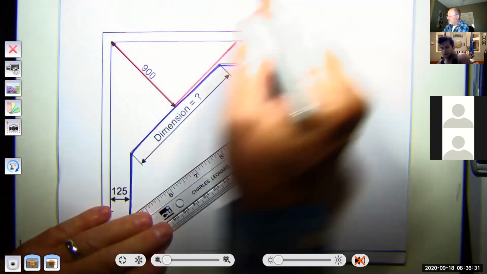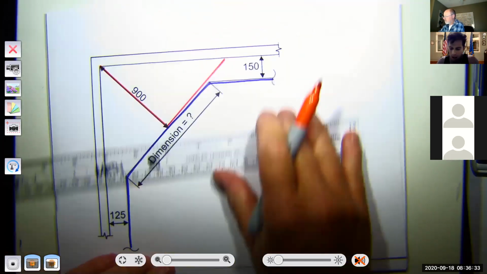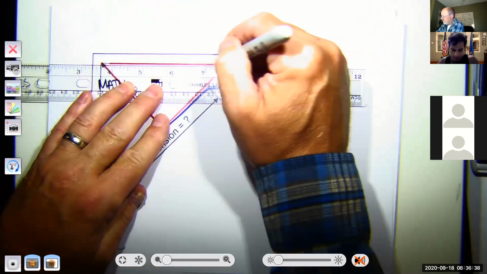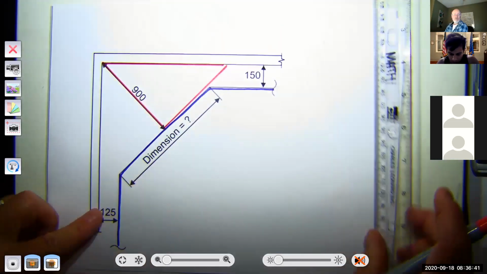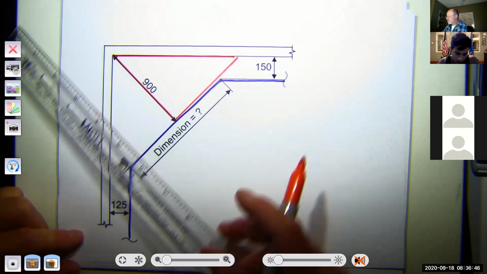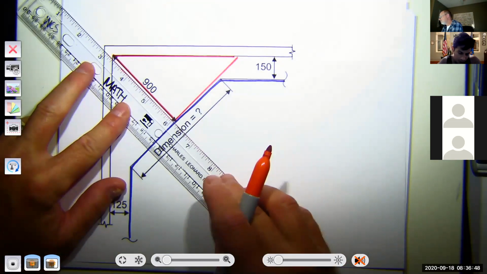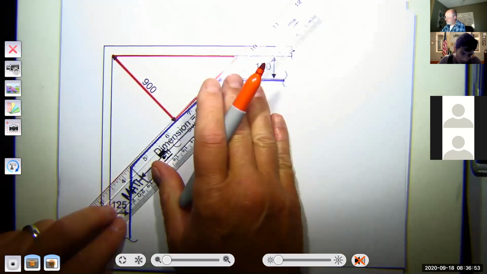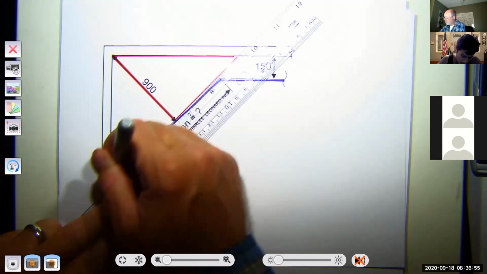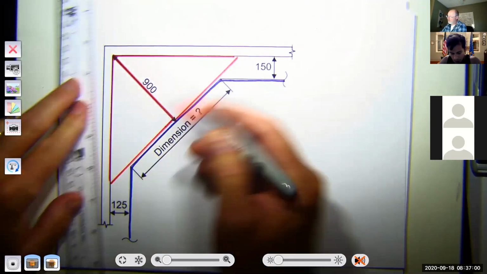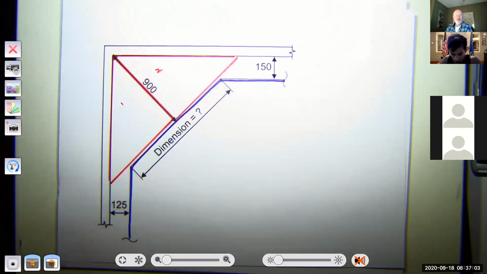Everything I'm going to do right now is 45-degree fitting, so everything is about the 45s. Everybody see that big right angle triangle I just drew? I'm going to draw another one right beside it, so I have two right angle triangles.